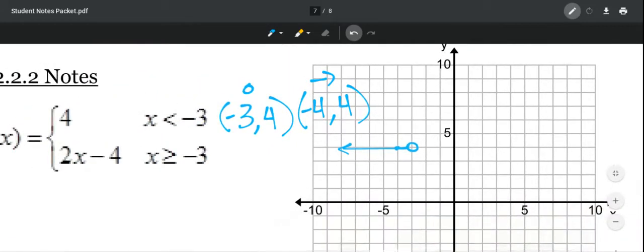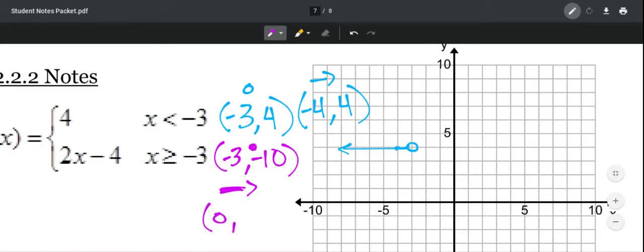So now we have -3. I plug in. I get -6 minus 4 is -10. And that is a closed circle. And my arrow, I go towards this point. It has to be bigger than -3.